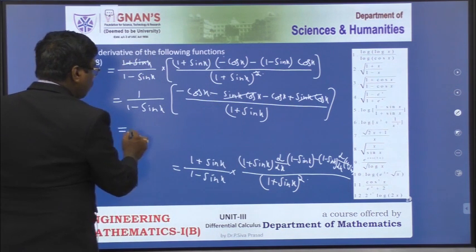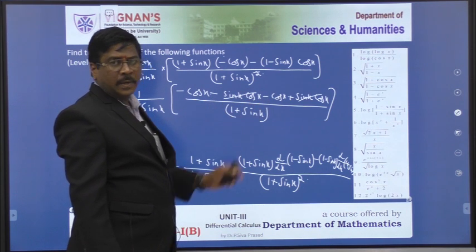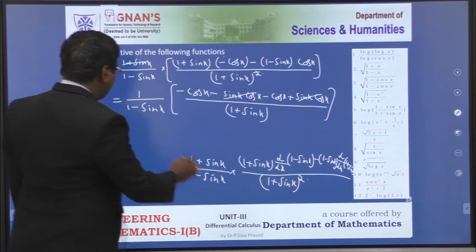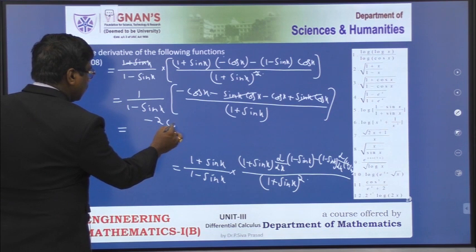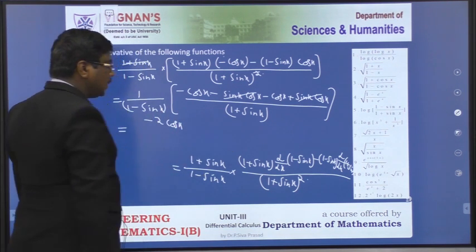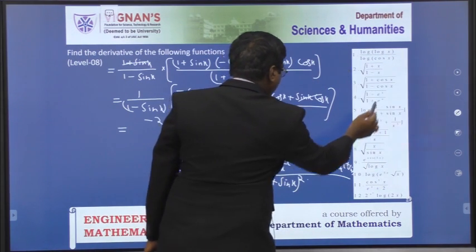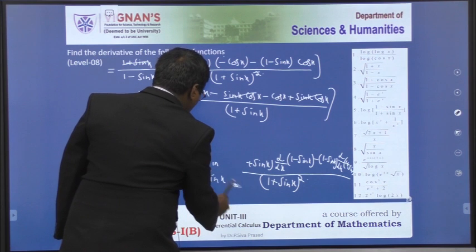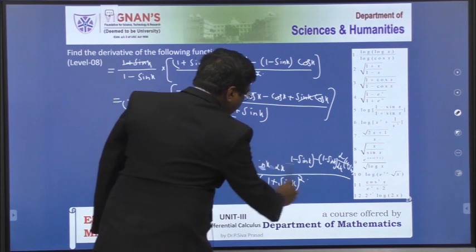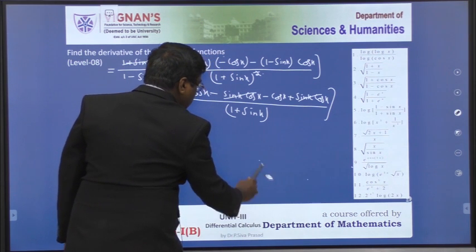Then this is equal to minus cos x minus cos x, that is minus 2 cos x, into (1 plus sin x) into (1 minus sin x). How can you write this? It is in the form of (a plus b) into (a minus b). What is the formula that can be learned? (a plus b) into (a minus b) is a square minus b square.